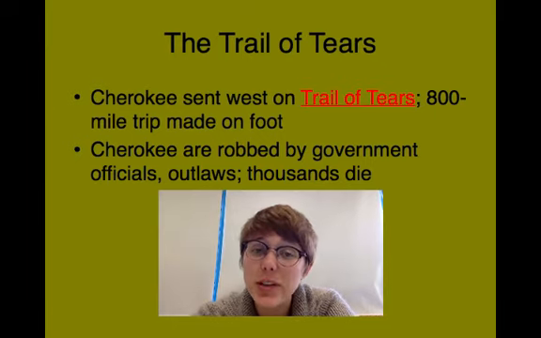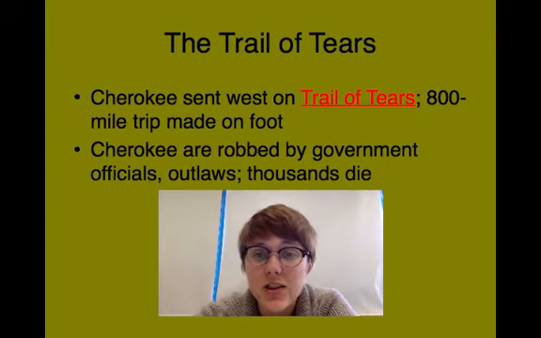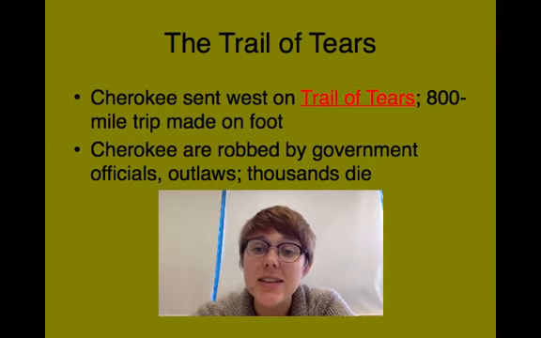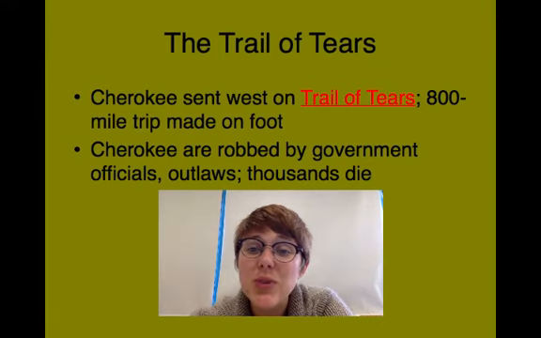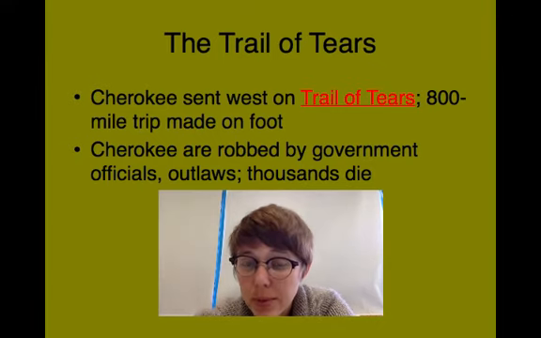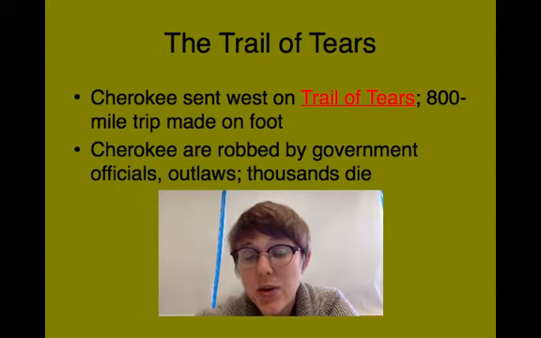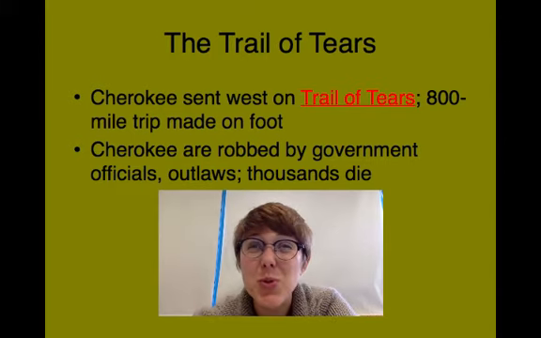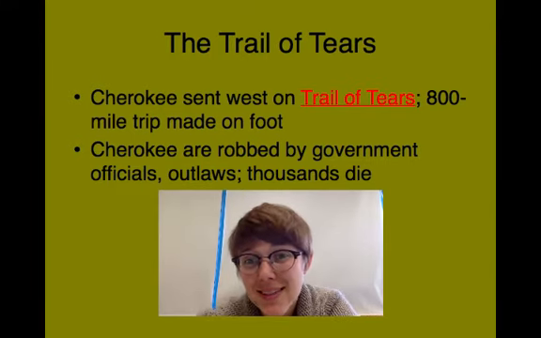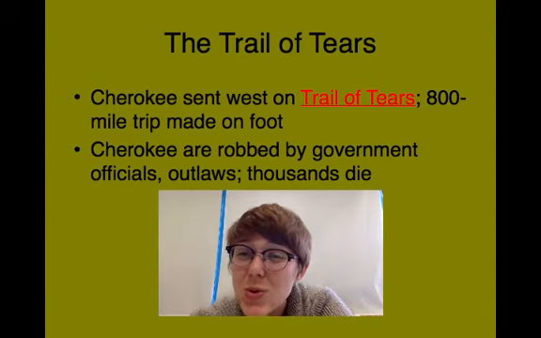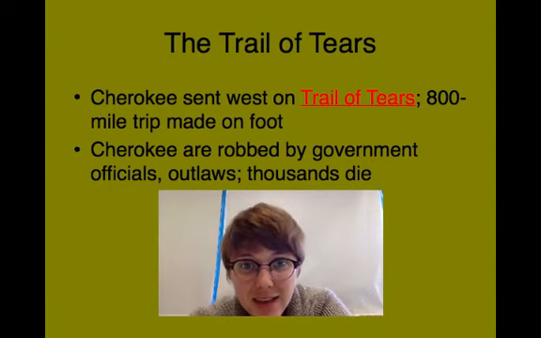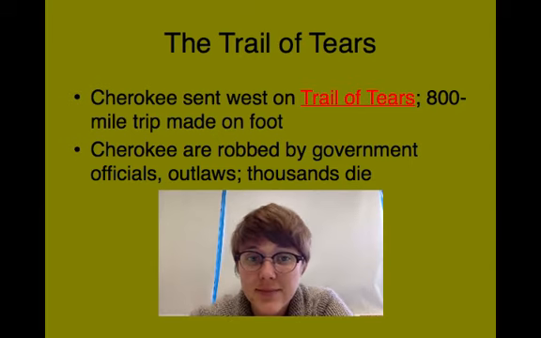So those last 20,000 Cherokee that are sort of trying to stay on their land, they are basically forced off their land, and they are supposed to make an 800-mile trip on foot. So imagine that you have to walk 800 miles. That would be the equivalent of probably around over 2,000 kilometers by walking, okay?